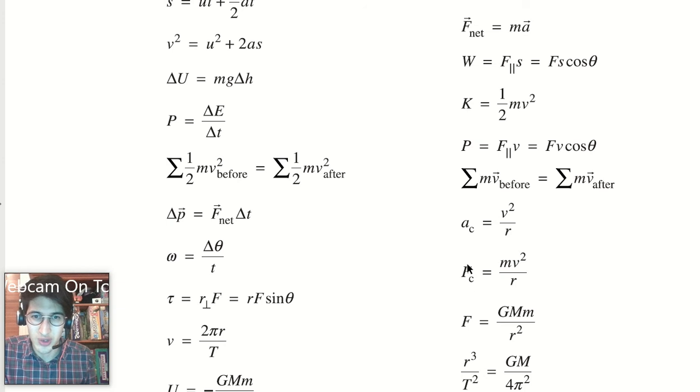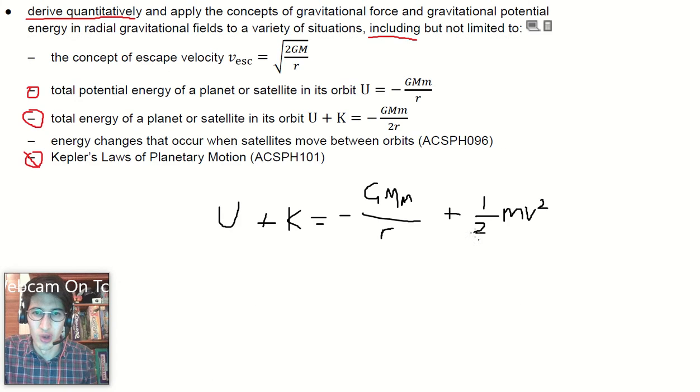That centripetal force is then going to be equal to the gravitational force, and we can put this part of the equation in, and that's going to start looking a lot more like the equation we're going to have here.